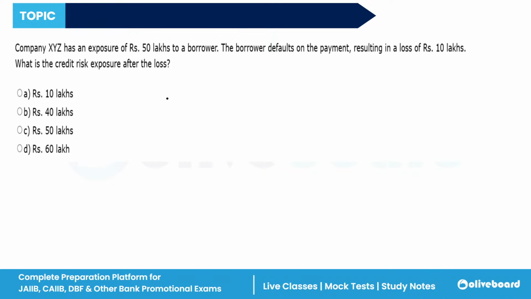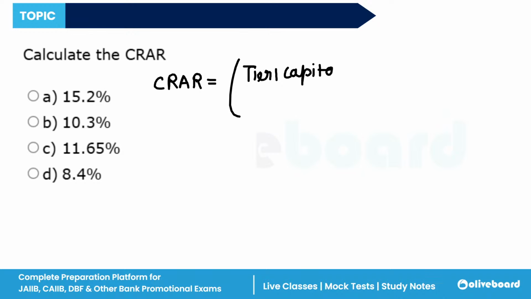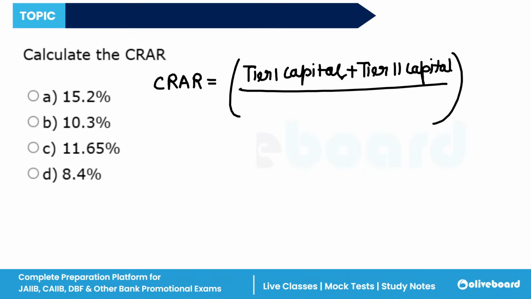Now calculate the CRAR here. How to calculate the CRAR? There is a formula for CRAR where we have to add tier 1 capital, then we have to add tier 2 capital, divided by total RWAs, then multiply by 100.